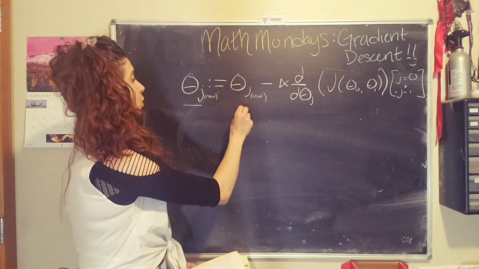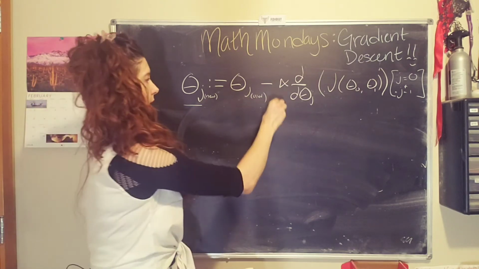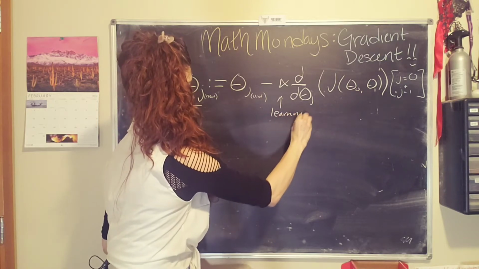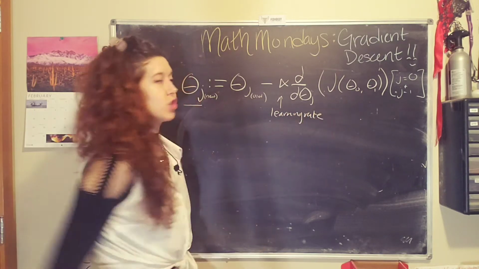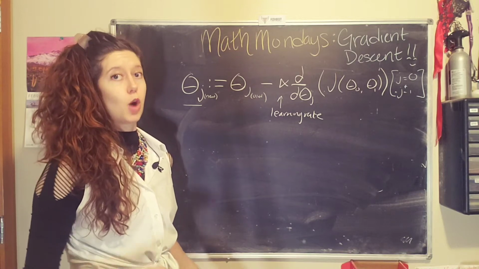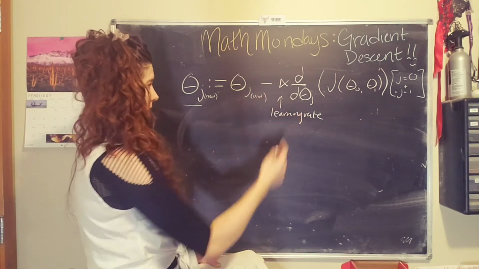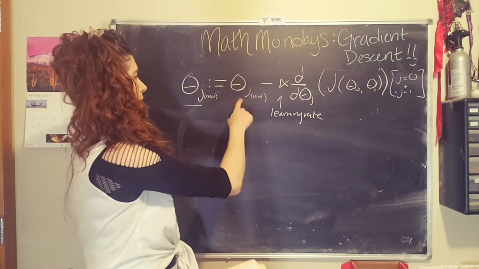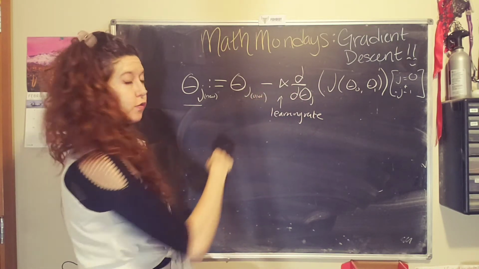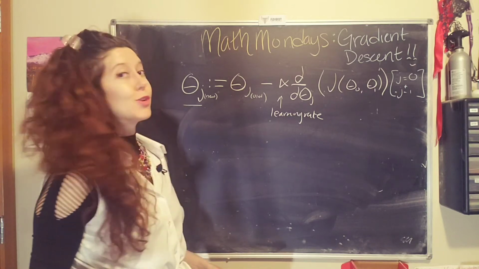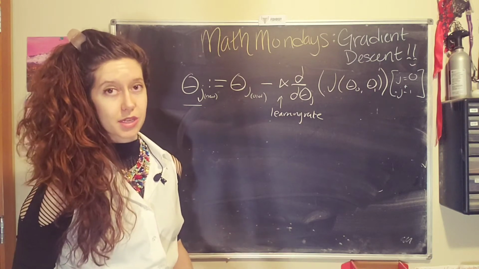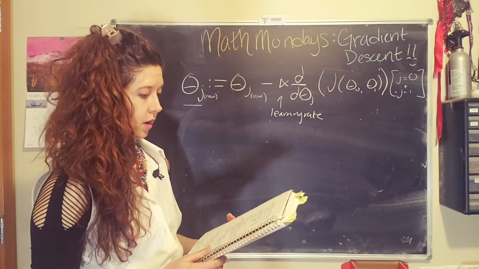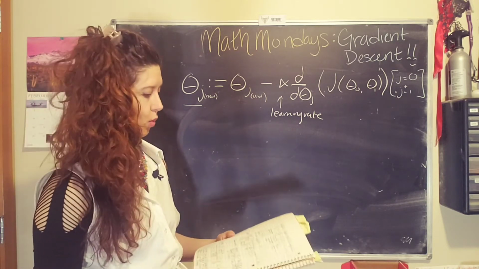It is equal to the old parameter minus the learning rate, which is just a constant that determines how big of a step we're taking, how much the derivative is going to impact this subtraction from the old parameter. And then the derivative is what tells us basically the direction to go. I should say partial derivative as well.